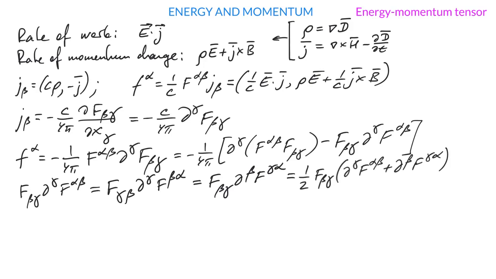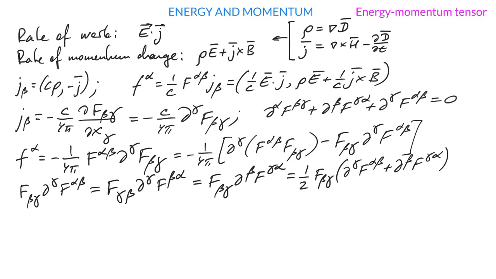Now we can use the other pair of Maxwell's equations. Remember, this here represents the second pair of Maxwell's equations, but there's another pair which in covariant form goes as ∂^α F^{βγ}, and then I have two other terms that come from cyclic permutation of indices, ∂^β F^{γα} plus ∂^γ F^{αβ}, and this is equal to 0.